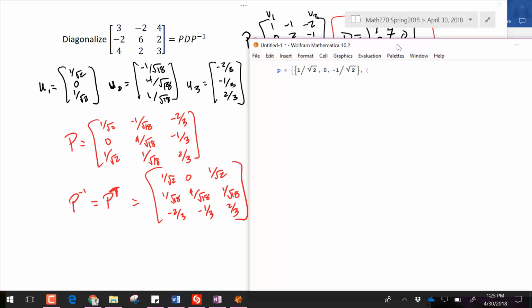And then the next row is negative 1 over square root of 18, 4 over this, 1 over that, and minus 2/3, minus 1/3, 2/3.